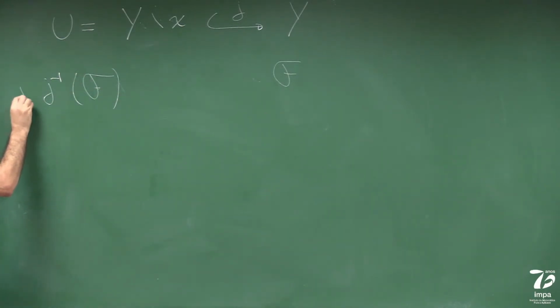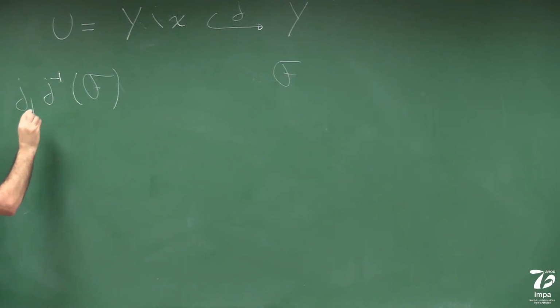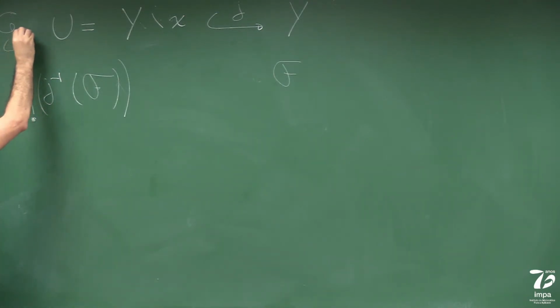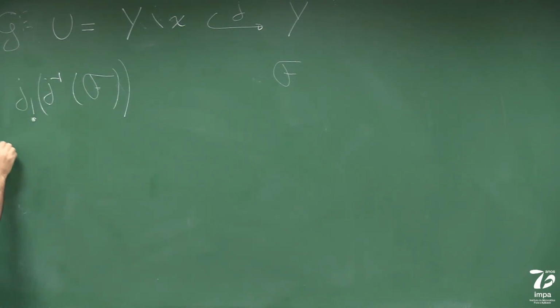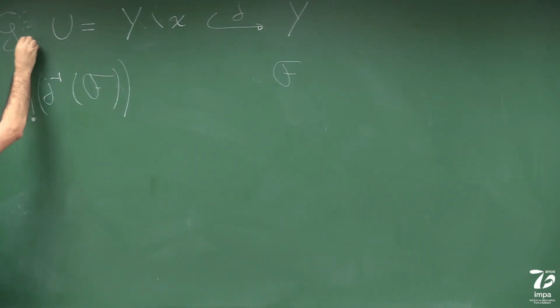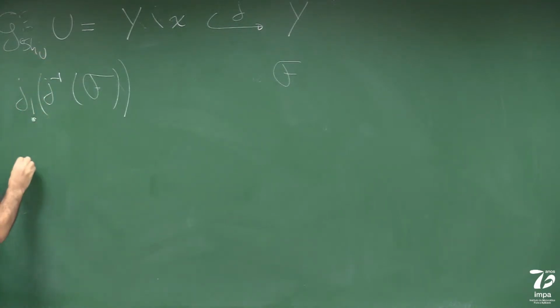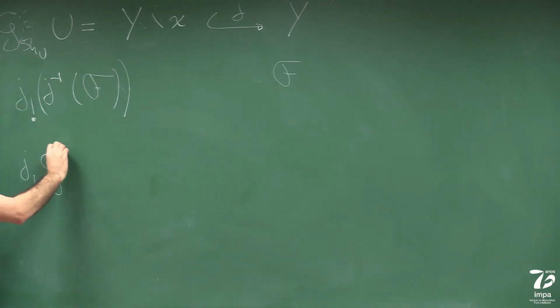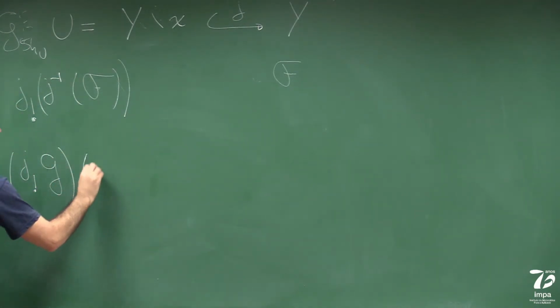But what I can do is push it forward in a different way to F. So let me tell you what this functor is. If you're given a sheaf G, let's say G is a sheaf on U. Then this j lower shriek of G is going to be a sheaf on Y that is defined as follows.